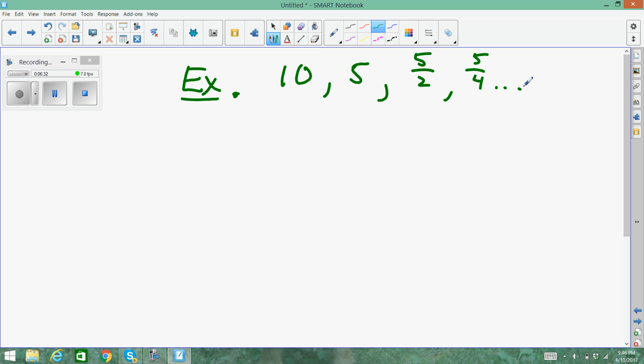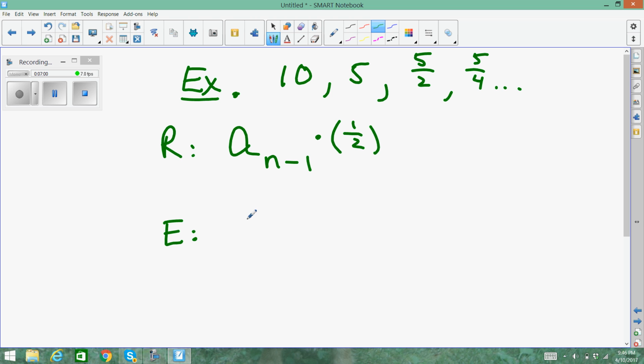If I'm going to write the recursive rule, it's so simple because it's previous term times r. So do we remember what the r was here? To get from this term to that term, it is 1/2. Okay, so that is our recursive rule. Boom, done.